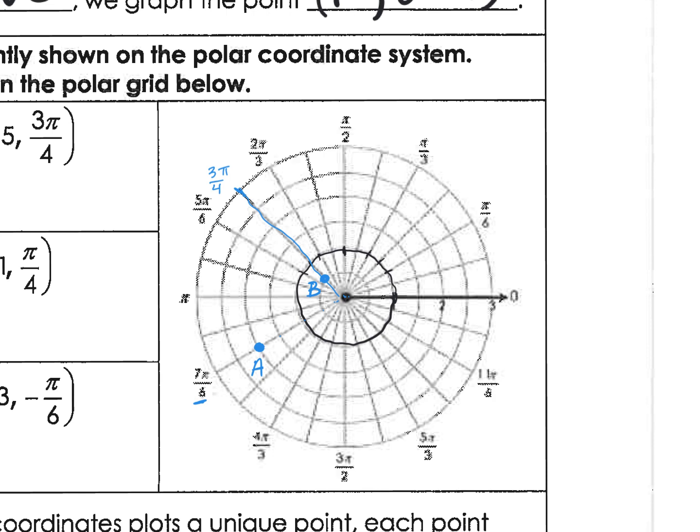So we go over to the 2 pi over 3, which is here, and go out to the 3 bar, which would be out here. So this would be right here. C.